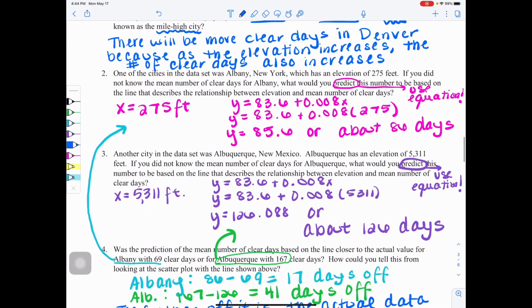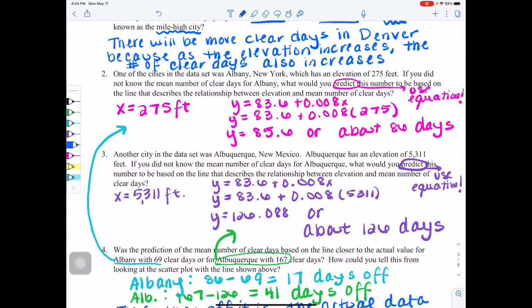Now for questions 2 and 3, it says one of the cities in the data set was Albany, and then number 3 talks about another city, Albuquerque. Both of them are asking you a similar question. So in number 2, they're telling you Albany has an elevation of 275 feet. If you did not know the mean number of clear days for Albany, what would you predict this number to be based on the line that describes the relationship between elevation and mean number of clear days?